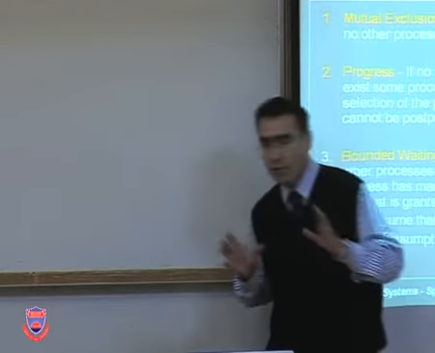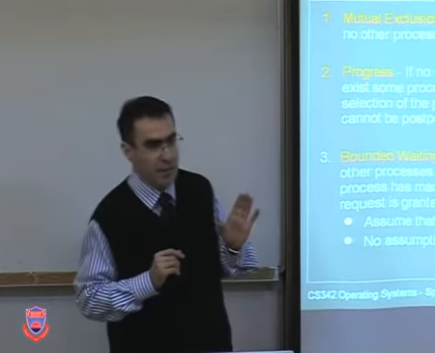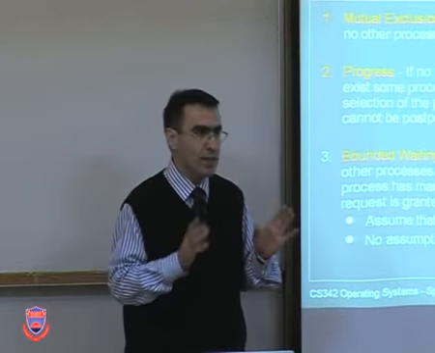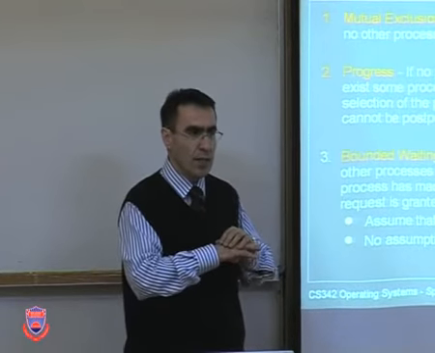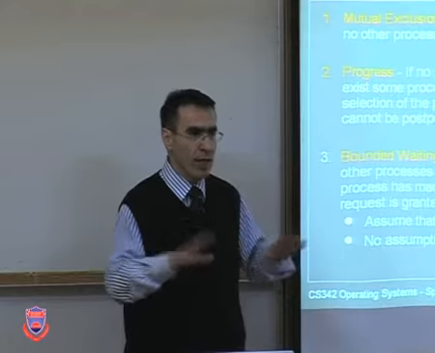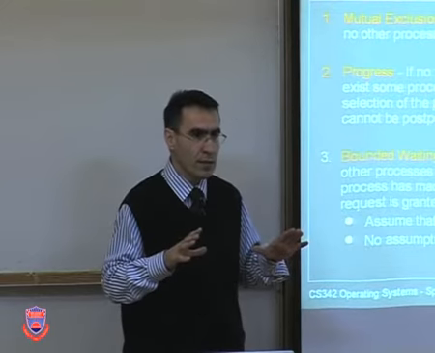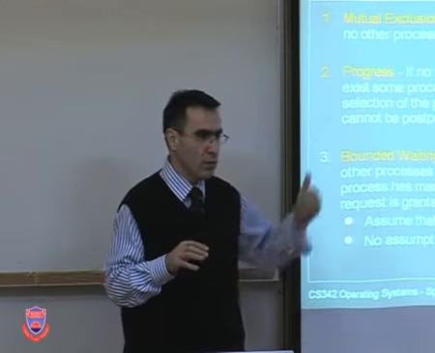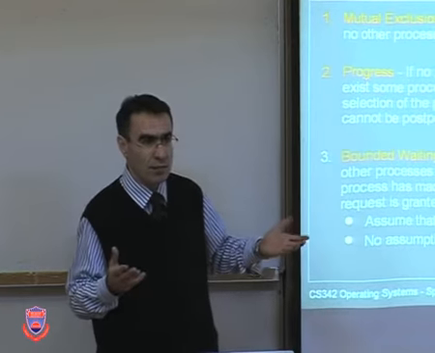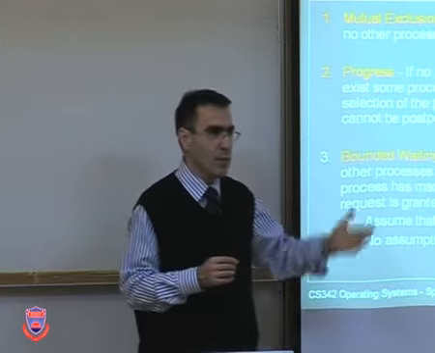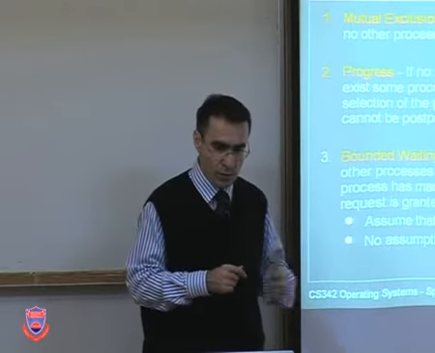Sooner or later, one of them should be able to enter the critical section, so that we make some progress. You can, of course, have a solution which prevents all processes from entering the critical section forever. Nobody is in the critical section, so mutual exclusion is provided and there is no danger of race conditions, but this is not a good solution because it is not making any progress. So this is the progress property.